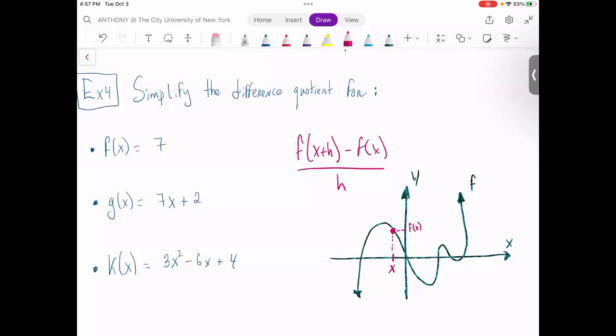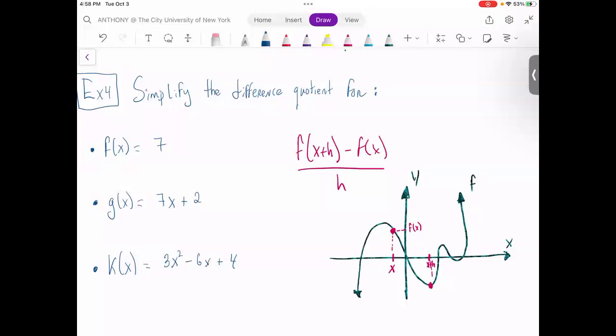Let's say if I choose some other value of x. Let's say I call it x plus h. Now, x plus h, that plus h would mean that you're some distance away from x, right? So let's say somewhere around here is x plus h, okay? If I plug x plus h into this function, you're going to hit the graph at that particular point.